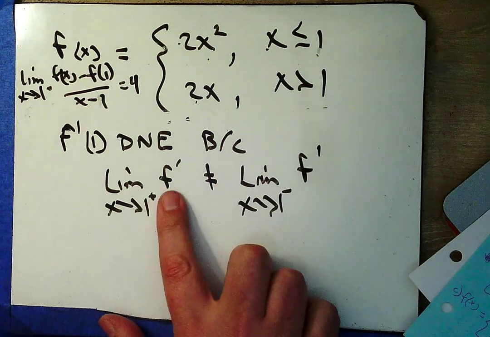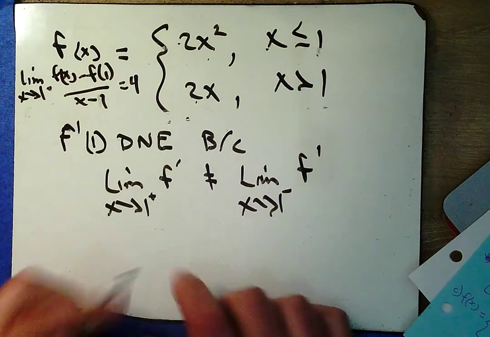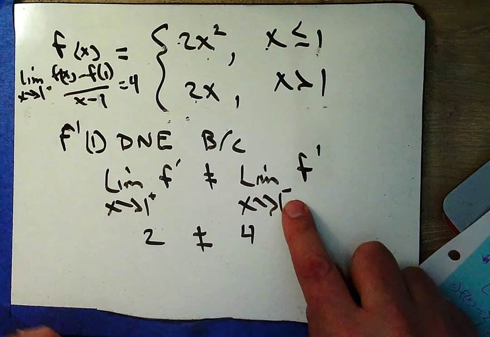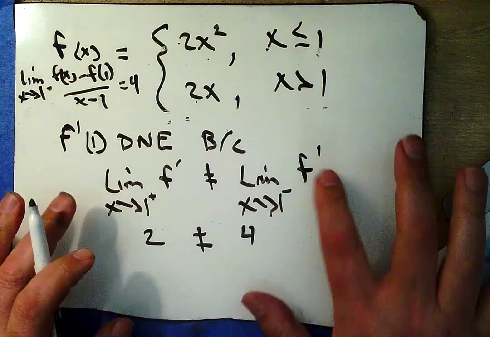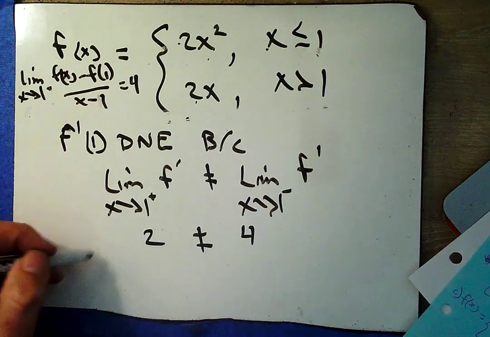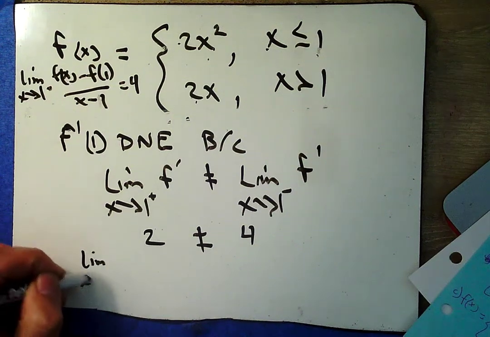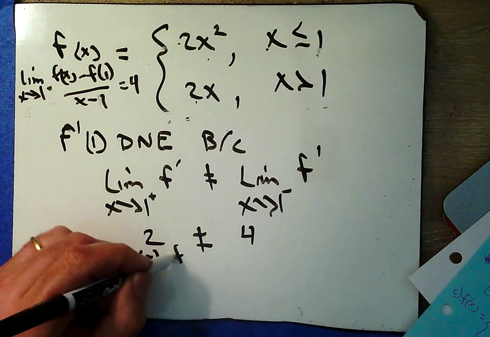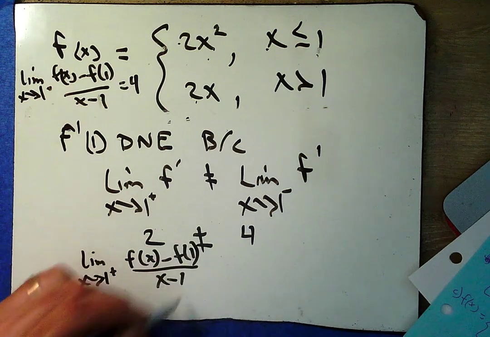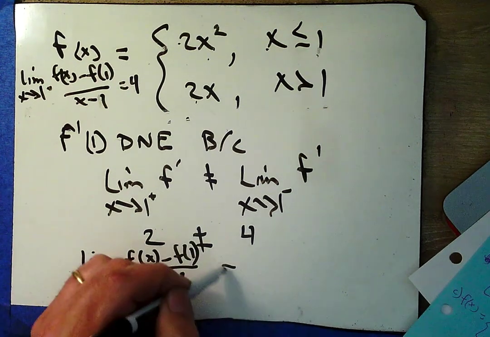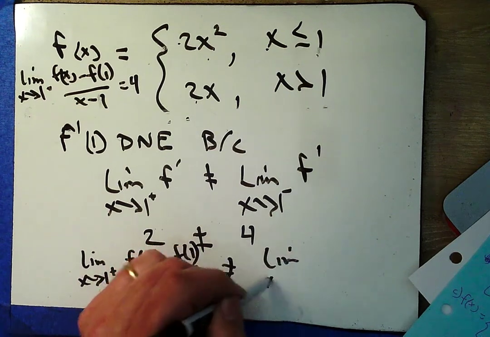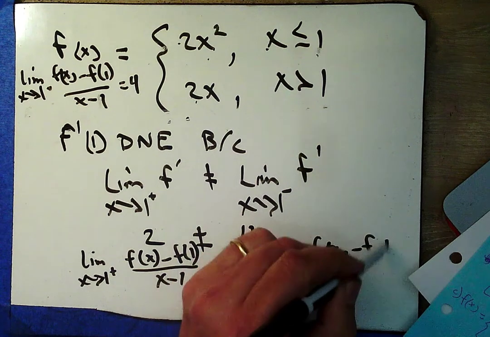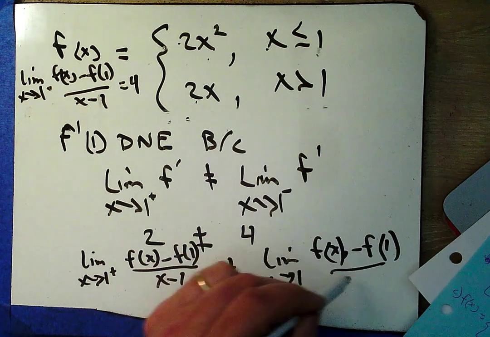That's what we did. We said, okay, the slope from the right-hand side was 2, and the slope from the left-hand side was 4. So this notation is a little less cumbersome than the limit as x approaches 1 from the positive side of f of x minus f of 1 over x minus 1, and over here does not equal the limit as x approaches 1 from the negative side of f of x minus f of 1 all over x minus 1.